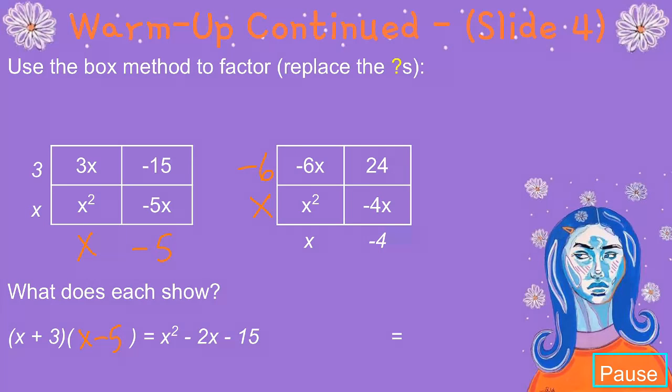So we can write this equation as the quantity x minus 6 times the quantity x minus 4 is equal to x squared, and then we're going to combine the negative 6x and the negative 4x for negative 10x plus 24. Questions?